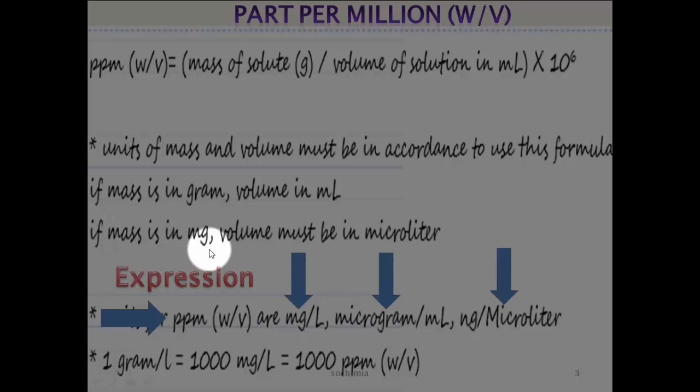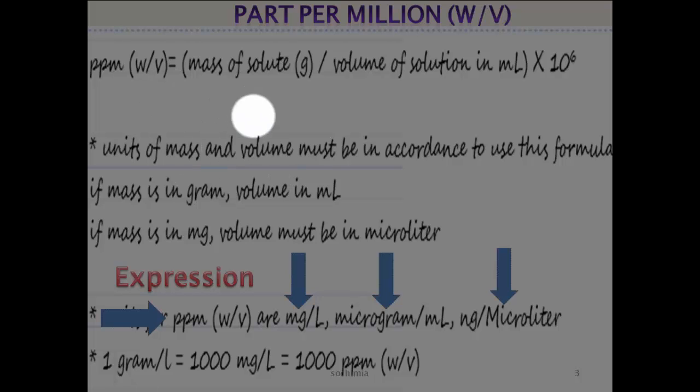Similarly, if the mass is in milligram, not in gram, in milligram, then you will use volume in microliter instead of ml. So here the volume will be in microliter when the mass is in milligram here, and multiplied by 1 million, and will give you parts per million weight by volume.